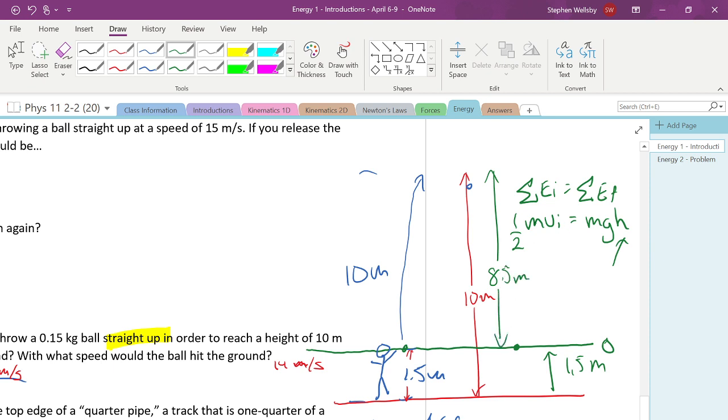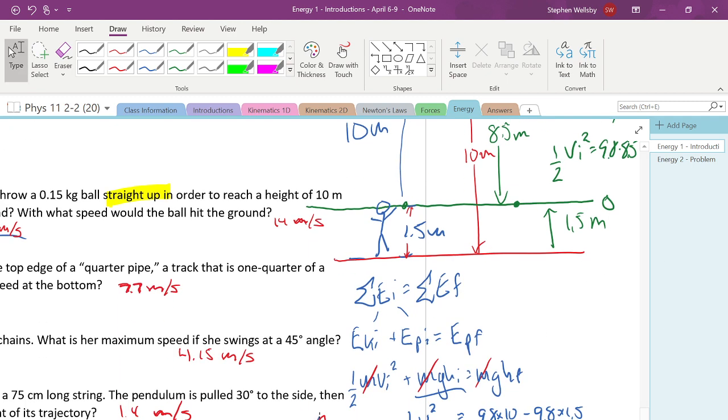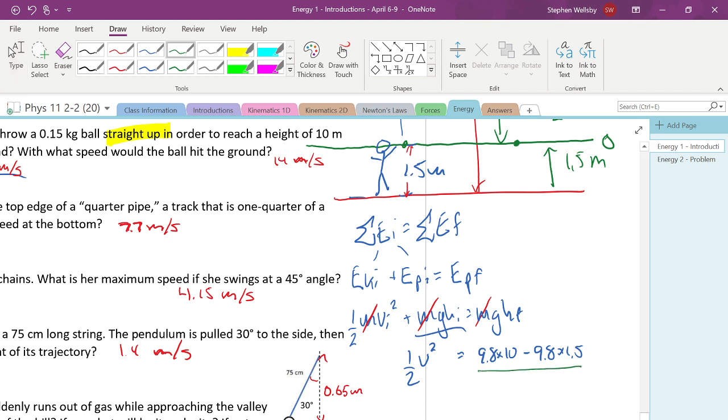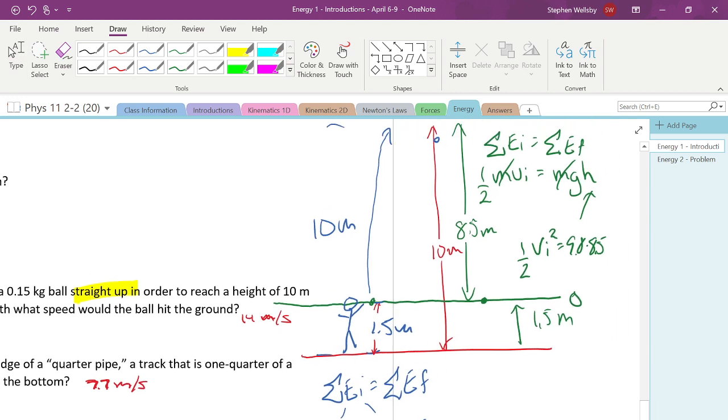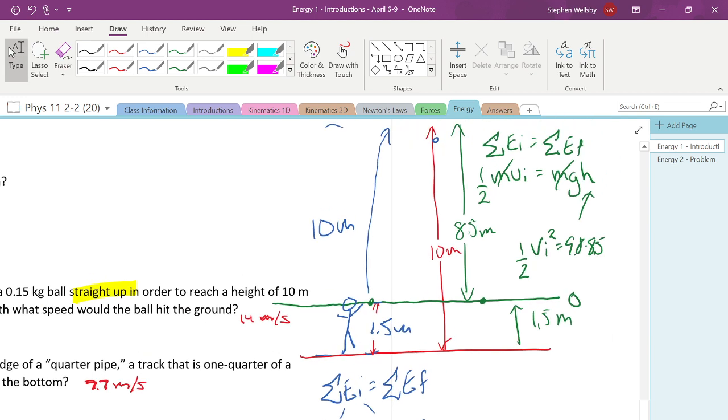Our m's are going to cancel out, and we're going to have 1/2 v initial squared equals 9.8 times 8.5, which is the same thing we got when we had 9.8 times 10 minus 9.8 times 1.5, giving 9.8 times 8.5. It's the same thing mathematically, just saving us a bit of time because we only need 2 terms instead of 3. Both will get you the right answer, but this is a bit easier.